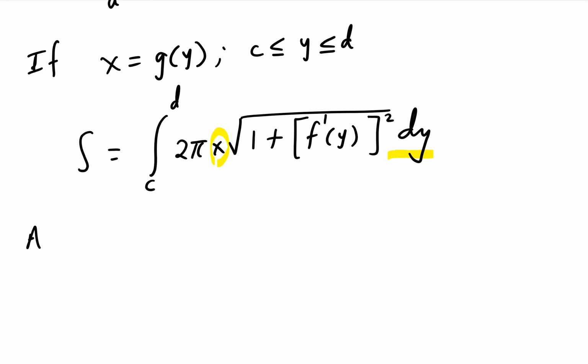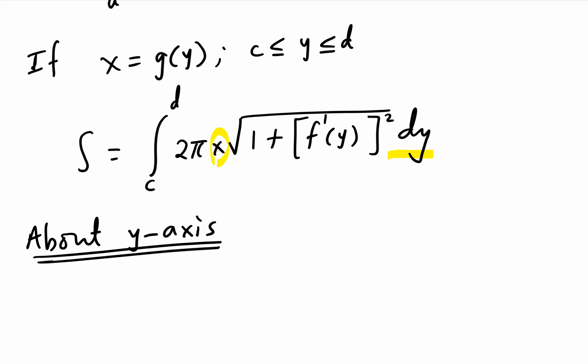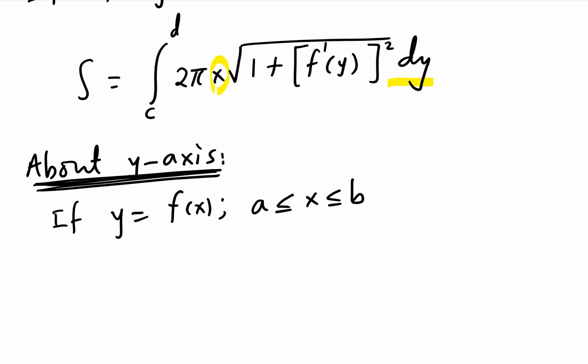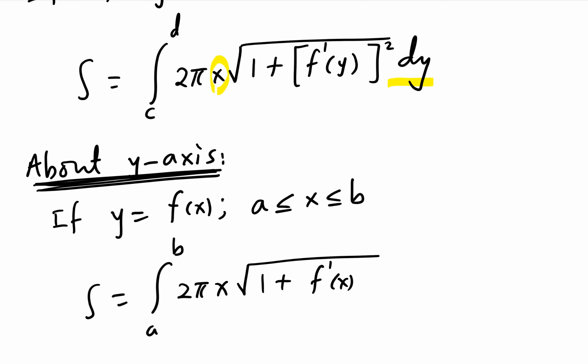Now, let me list about the y-axis. How would that go? About the y-axis, again, if y equals f of x, and we are working over a to b, then the arc length S would be the integral from a to b of 2 pi x, the square root of 1 plus f prime of x squared dx.